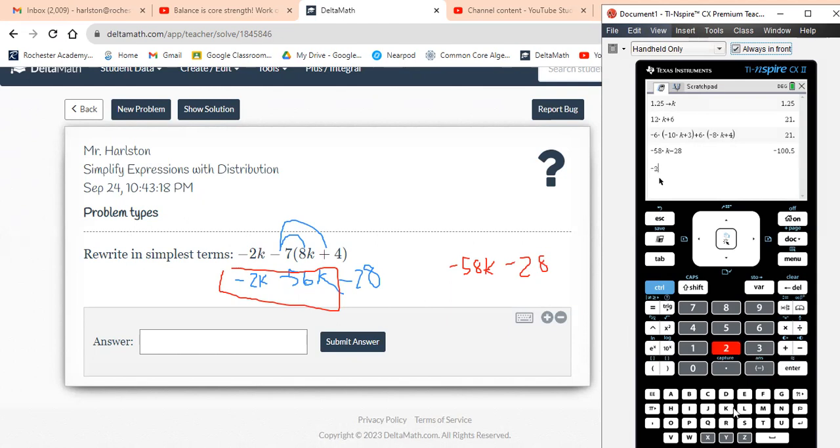Negative 2K minus 7 parentheses 8K plus 4 close parentheses, and they match. They match exactly, so I'm pretty sure that that's the answer. So I do a negative 58K minus 28, press enter.